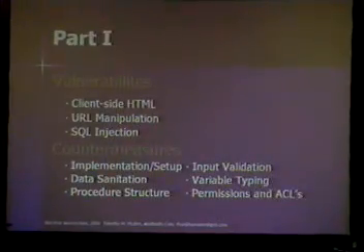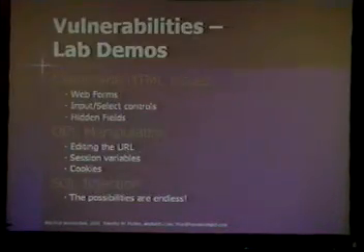Okay, so part one. I've got a little web application that we whipped up called www.realestate.com. And I'm sure that is a real site, but I took the name anyway because it was easy to remember.